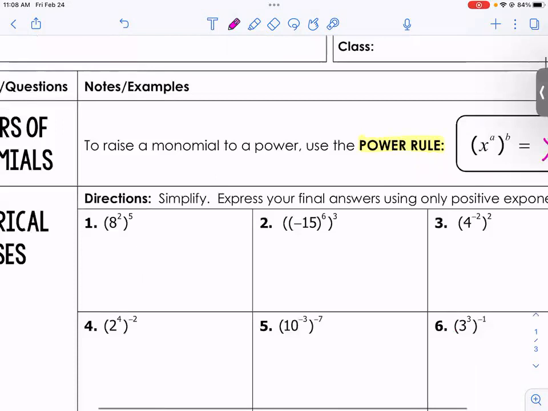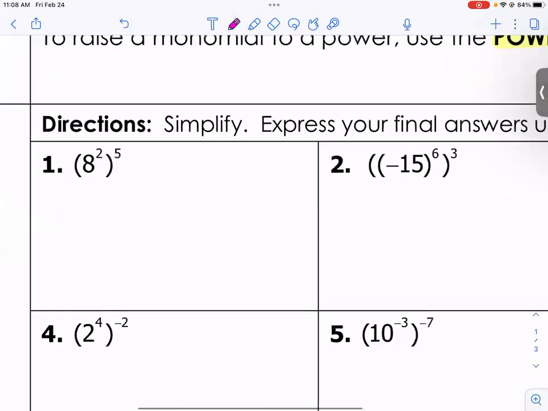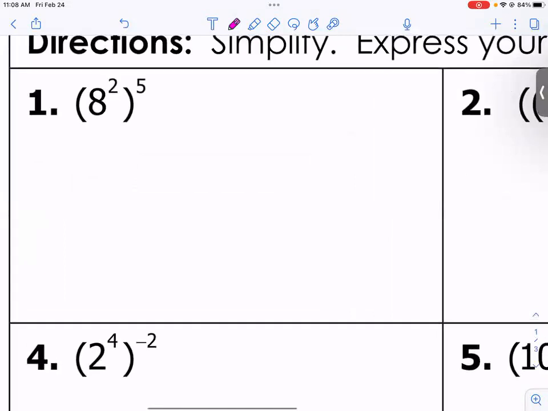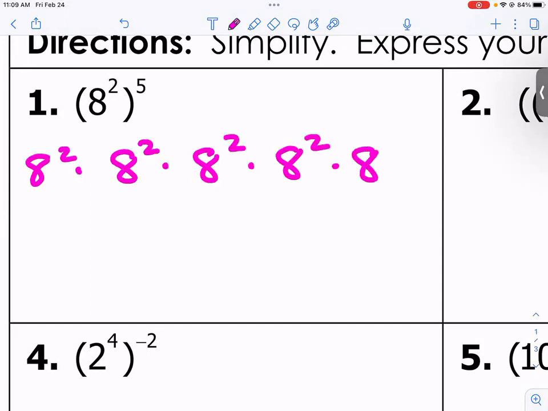So let me demonstrate to you why this rule is the way that it is. If I have something raised to the fifth power, like number 1, that means it's getting multiplied by itself 5 times, right? So we have 8 squared times 8 squared 5 times. Do you agree? Well, what does 8 squared mean? 8 times 8.